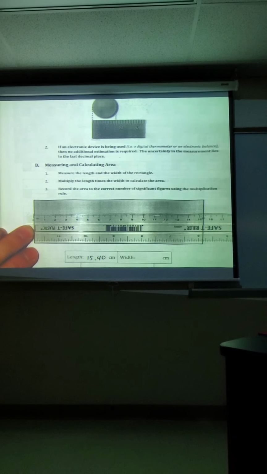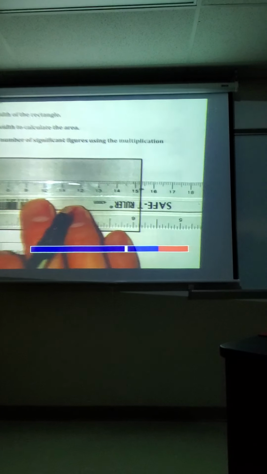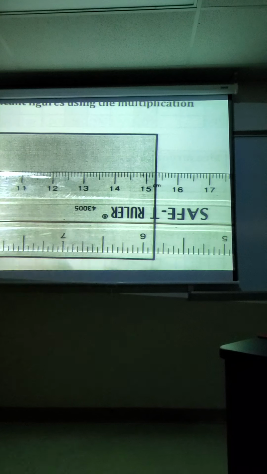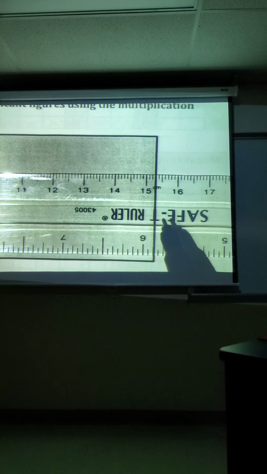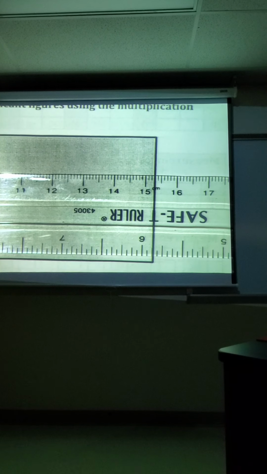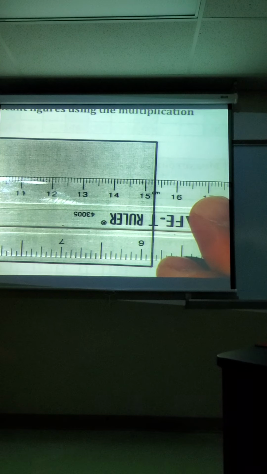But in reality, for this photocopied print-off, if we were to zoom in, it's really about 15.2, almost 3. So in reality, it's about 15.27, 28, 29, somewhere in there, because we're using between the markings, not just the markings, and that's what significant figures have to do with measurements.